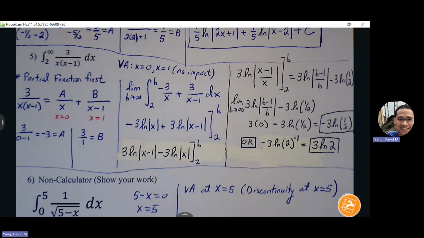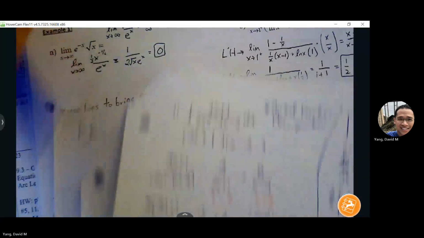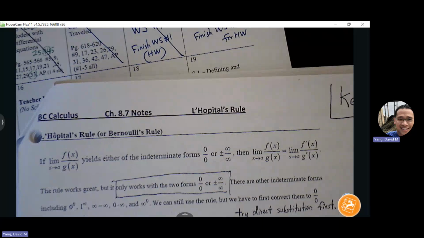So this was on page 15 of your notes. This is L'Hopital's rule, but we can do one. This is part A, so I'll walk through part A, or have you guys try A and see how you do with that.